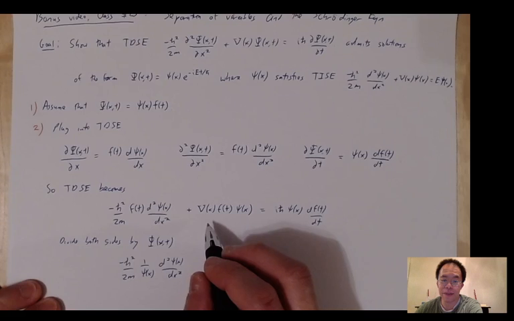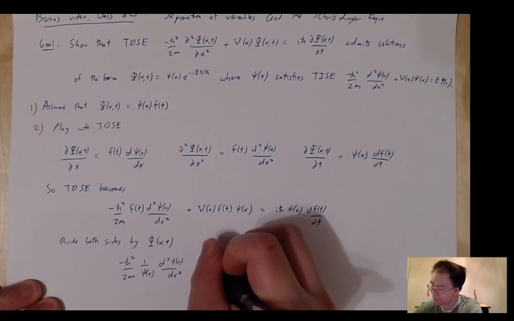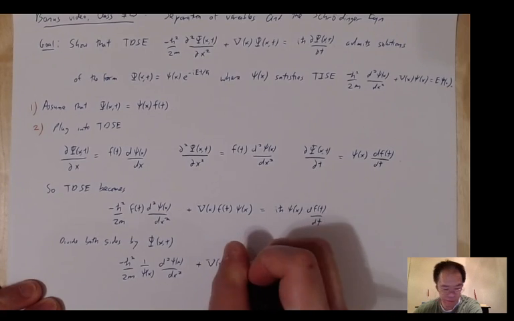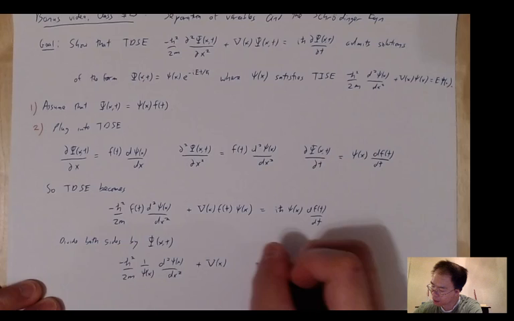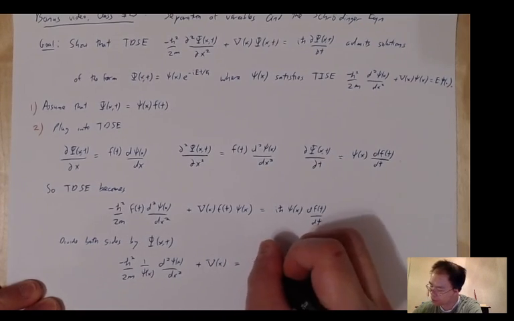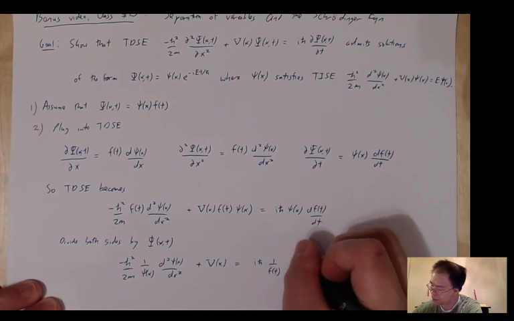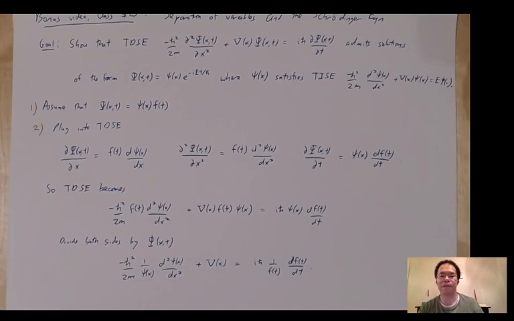Division by capital Psi here knocks out everything except the V, so I have plus V(x). And then here on the right, I have i h bar times 1 over f(t), df(t) dt.